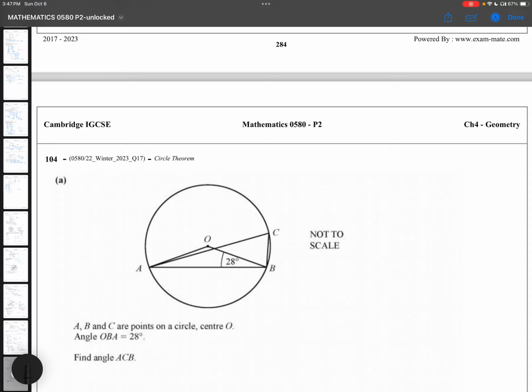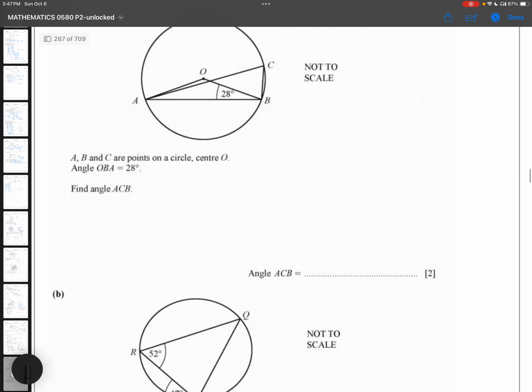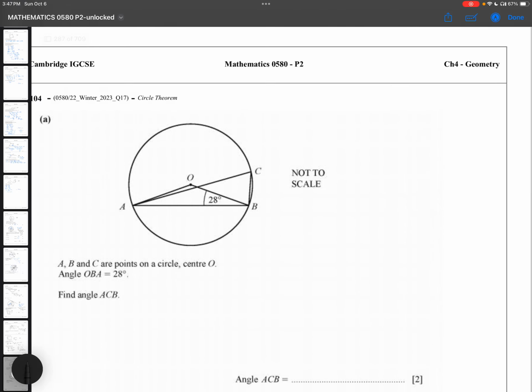Now question number 104. It says A, B, C are points on a circle, center O. Angle OBA is 28 degrees. We have to find the angle ACB.